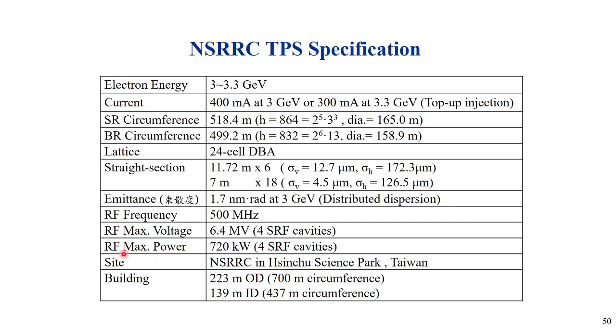RF power 720 kilowatt to accelerate particles, and RF maximum voltage 6.5 megavolt. And the building's diameter is much larger, 223 outer diameter, and the inner diameter is also much larger, 139. So it's quite different from the old.